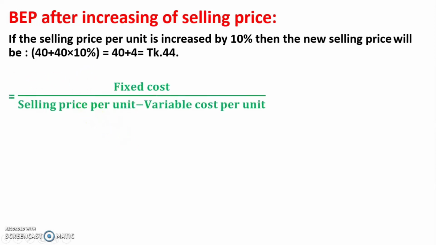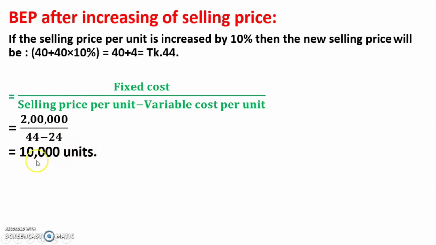Fixed cost 2 lakhs divided by new selling price 44 minus variable cost 24. And we find the result of BEP: 10,000 units.